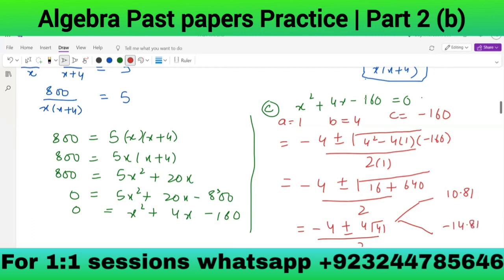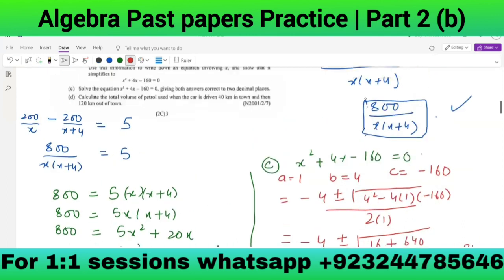Okay. So now we have D part. Calculate the total volume of petrol used when the car is driven 40 kilometer in town and then 120 kilometer out of the town. Now tell me, what is going to happen?